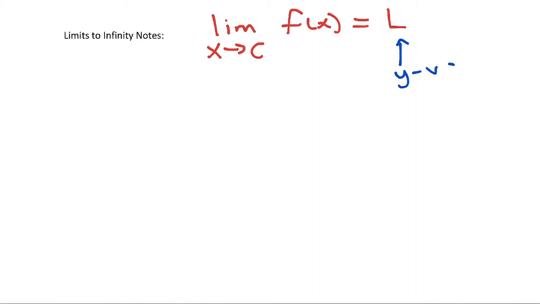So remember that you got this limit as x goes towards some value of a function is equal to some other value. So remember that this value over here is a y value. This stuff in here is some sort of an expression.